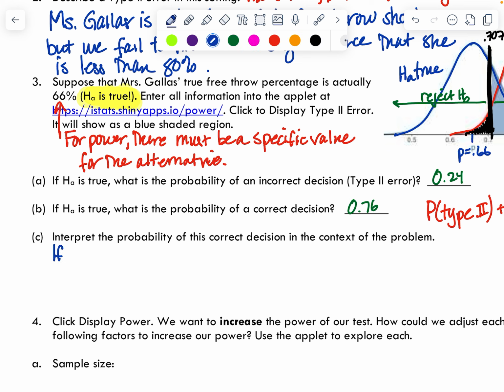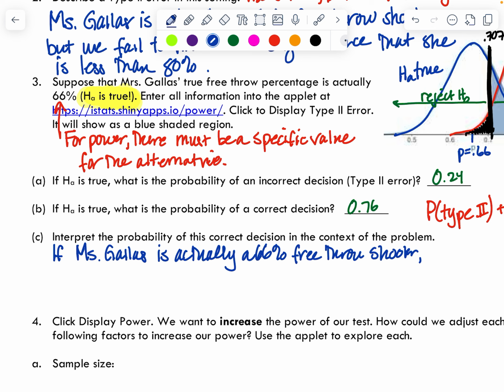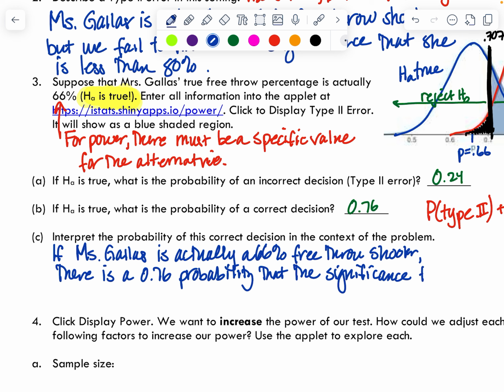In this particular scenario, if Ms. Gallus is actually a 66% free throw shooter, there is a 0.76 probability that the significance test will find convincing evidence to reject the null.